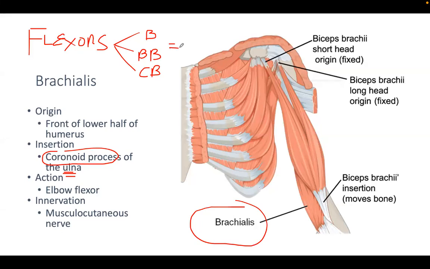Common nerve supply is the musculocutaneous nerve. That is how you're supposed to bring this with you to your examination. The three flexors of the arm: brachialis, biceps brachii, coracobrachialis, they share the same nerve supply, which is the musculocutaneous nerve.